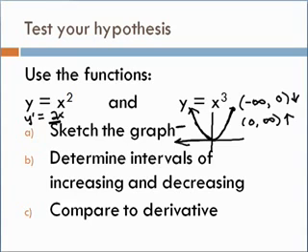The slope is negative, so that means the curve is decreasing. And if I pick any number in the interval from 0 to infinity for x, and I plug it into my derivative function, I get a positive number. So if my slope is positive, that means that it is increasing.